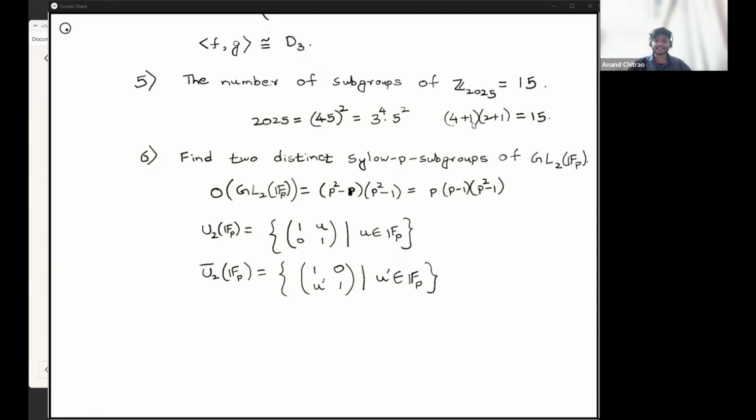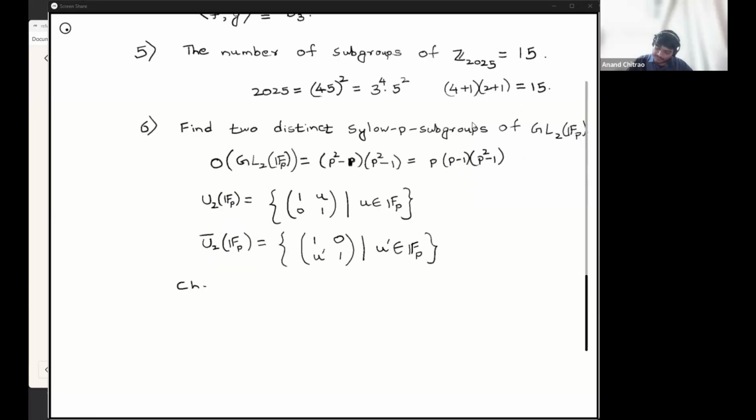But by Sylow's second theorem, these two should be conjugate. So check that this element 0, 1, 1, 0 takes one to the other.